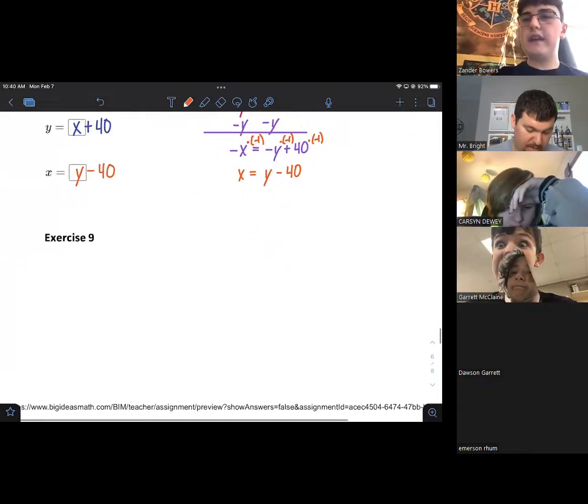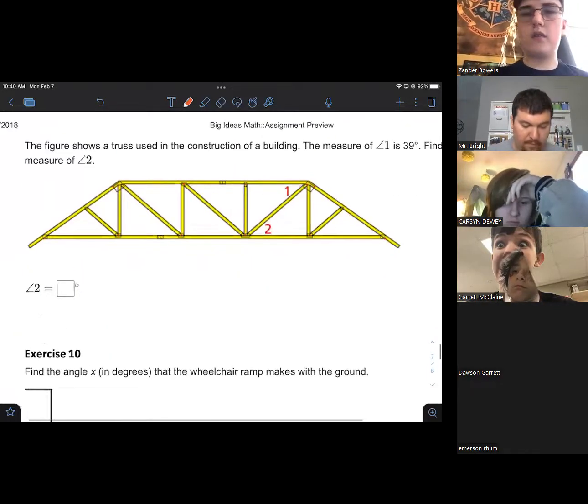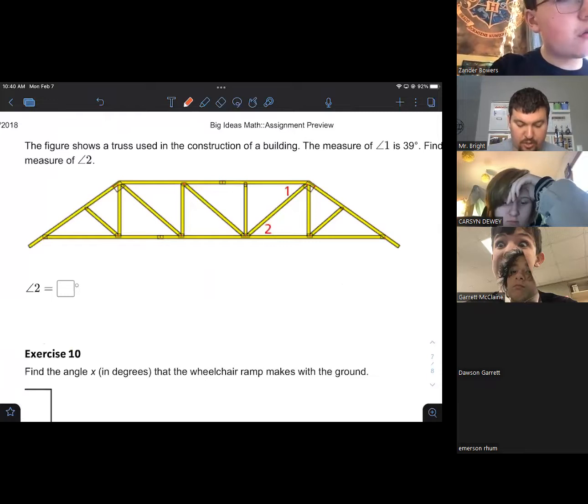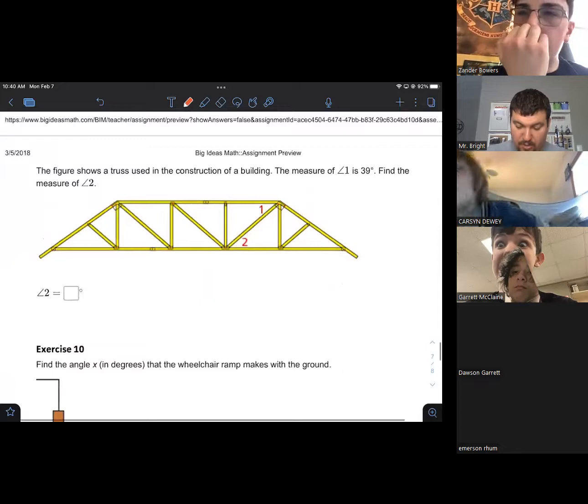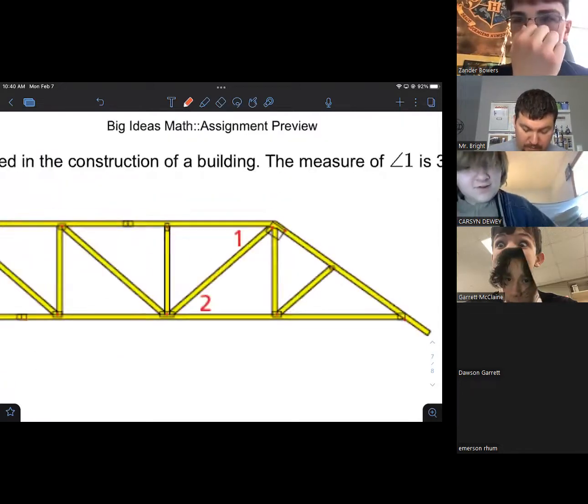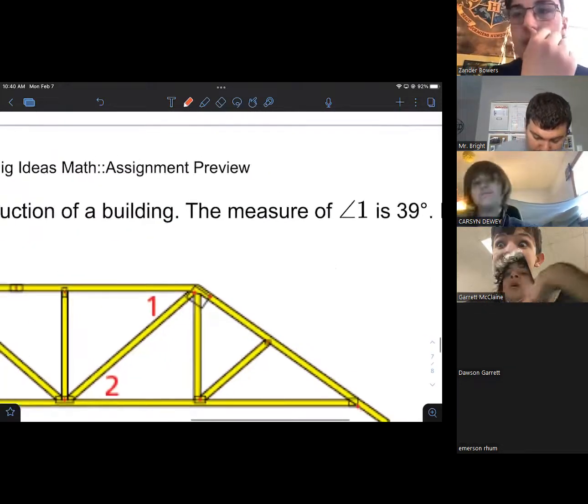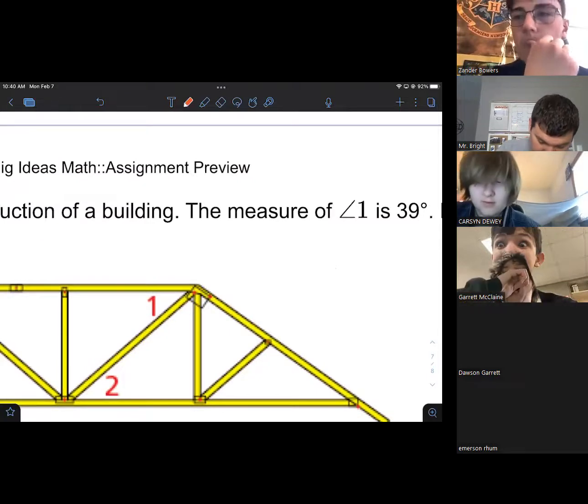All right, moving on to number 9. The figure shows a truss used in the construction of a building. The measure of angle 1 is 39 degrees. Find the measure of angle 2. Okay, so angle 1 is 39 degrees.